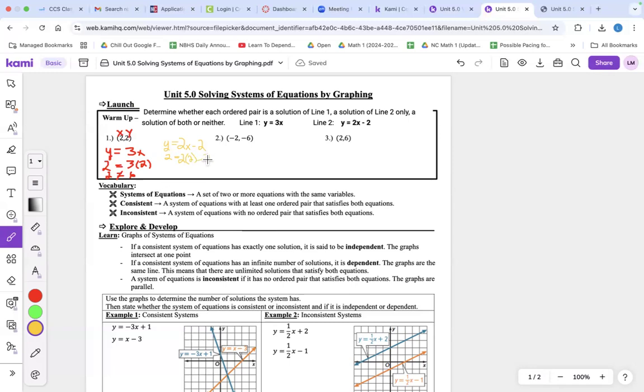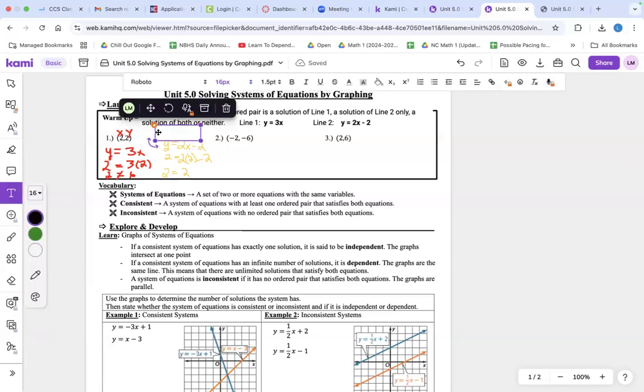Minus 2. So 2 times 2 is 4. Minus 2 is 2. 2 equals 2. So here, this is a solution for line 2. So note line 2. Solution.